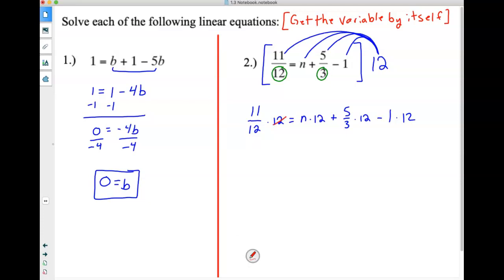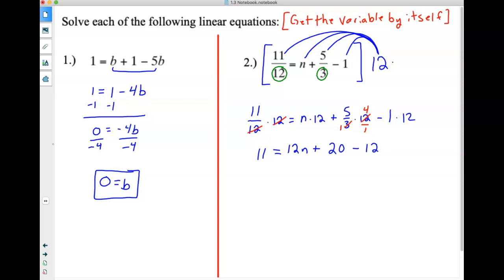Nice thing here is this 12 wipes out that 12, and I have 11 equals n times 12, well, that's just 12n, plus, when I'm looking at 5 over 3 times 12 over 1, I can cross simplify that. 3 will reduce with that 12 and call it 4. So I'm really looking at 5 times 4 to get 20 minus 1 times 12 is 12.